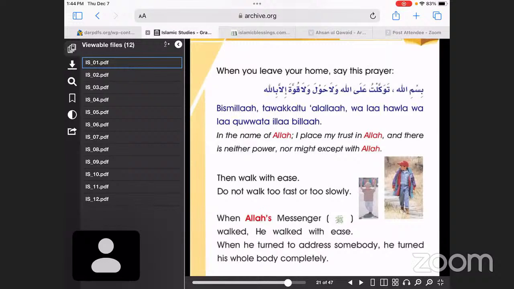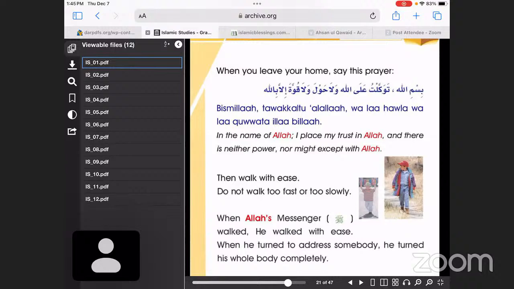Etiquettes of going out. When you leave your home, say this prayer. Bismillahirrahmanirrahim. Bismillahi tawakkaltu ala Allah, la hawla wa la quwwata illa billahil aliyyil azim. In the name of Allah, I place my trust in Allah, and there is neither power nor might except with Allah.